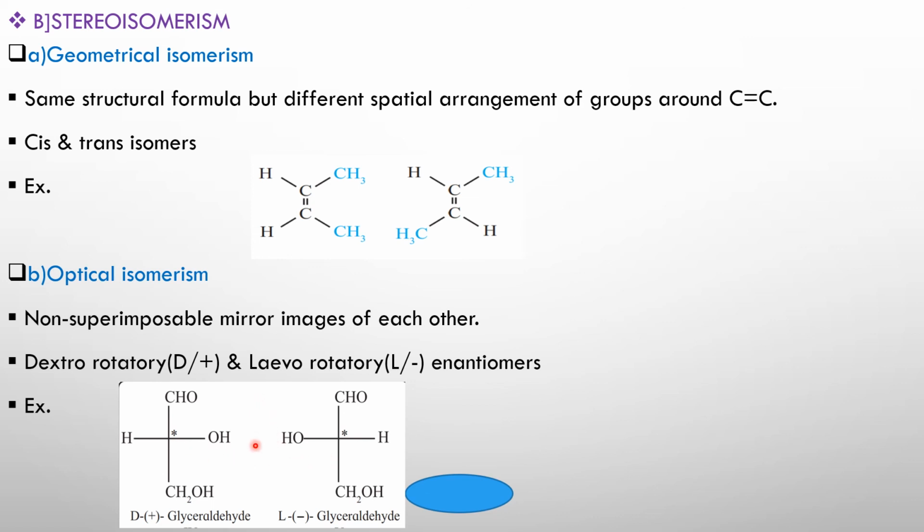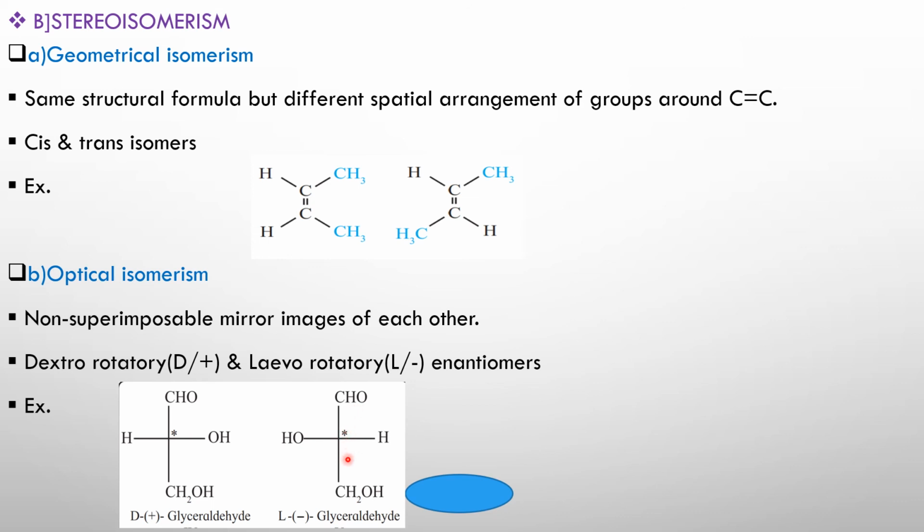Now if you see the mirror image of this molecule, D plus glyceraldehyde, you will see the mirror image as the second molecule in the structure. So the OH group will be on the left hand side and hydrogen on the right hand side at the cross point, that is the asymmetric carbon atom.